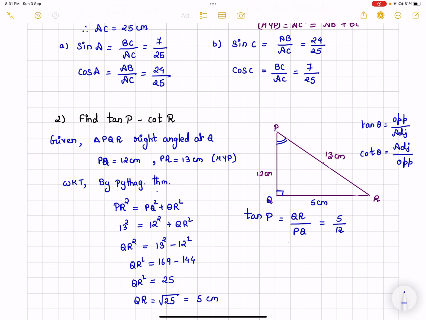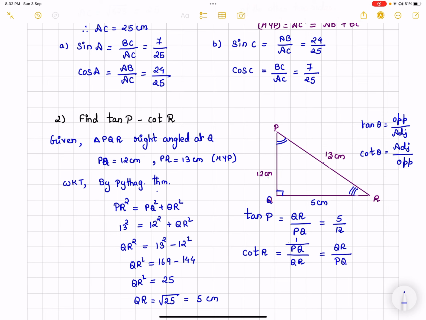The next one we need to find out is cot R. Cot R is opposite side for this particular angle R, PQ, divided by QR. But that is the opposite side. What we need to do is 1 by that, which is equal to QR divided by PQ.